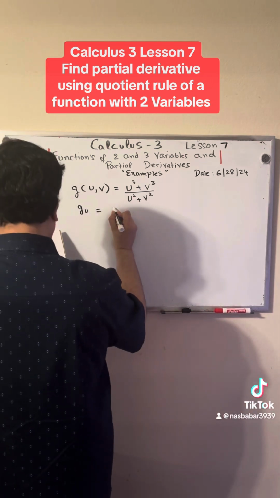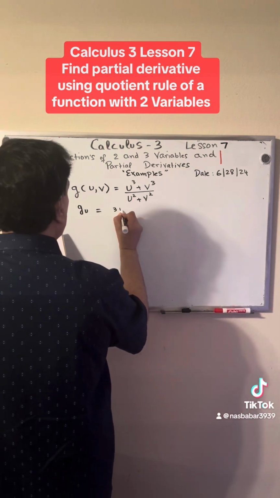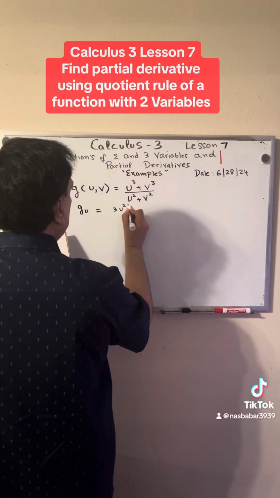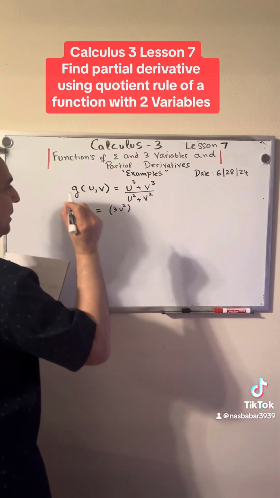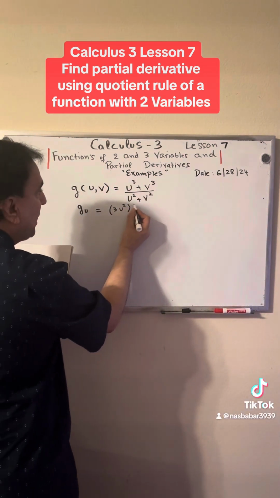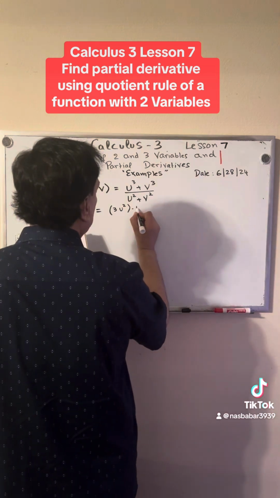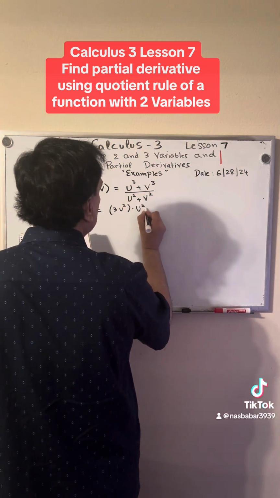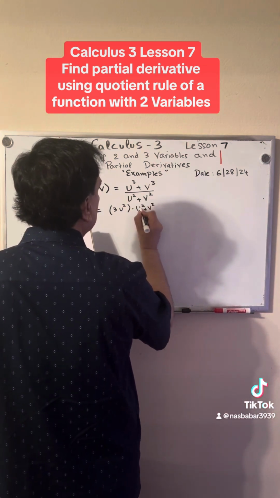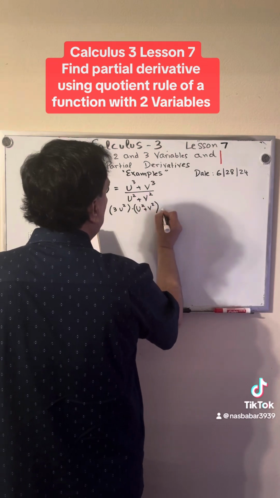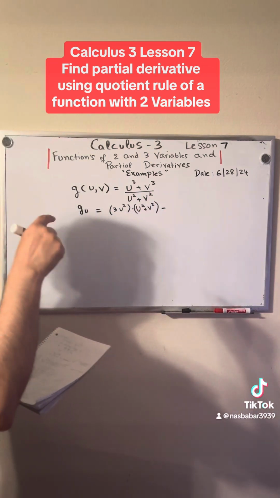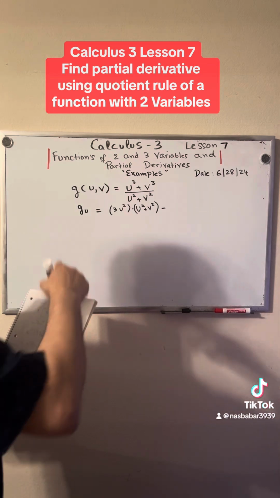So then you get 3u square multiplied by the bottom, u square plus v square, all right, minus the derivative of the bottom times the top.